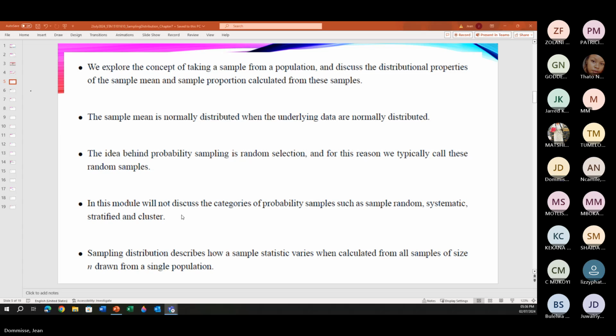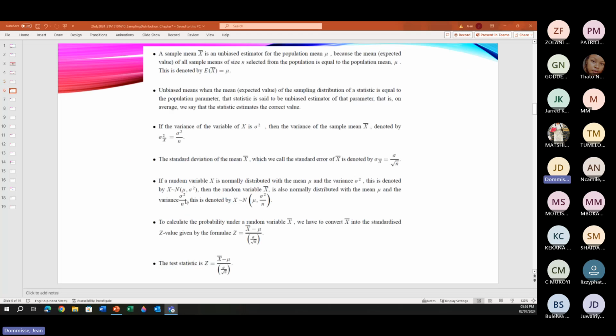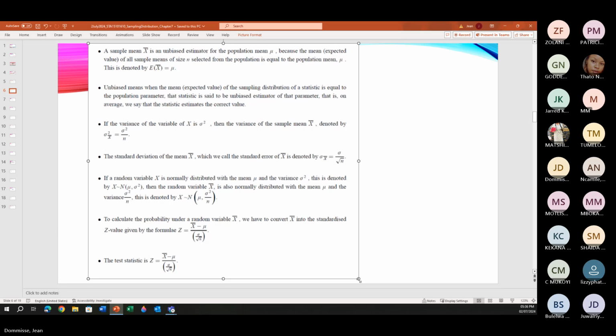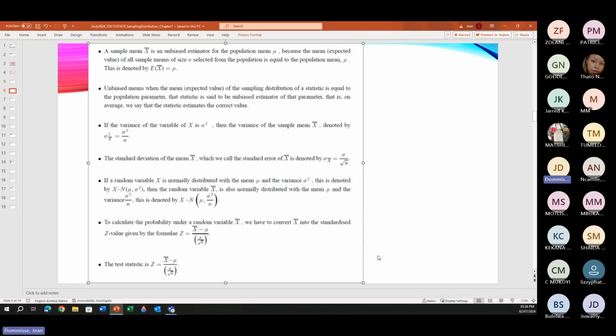The first thing, more on the sample mean, is that we're going to use the sample mean and sample proportion in study unit 8. We're going to use them in study unit 9 as well.